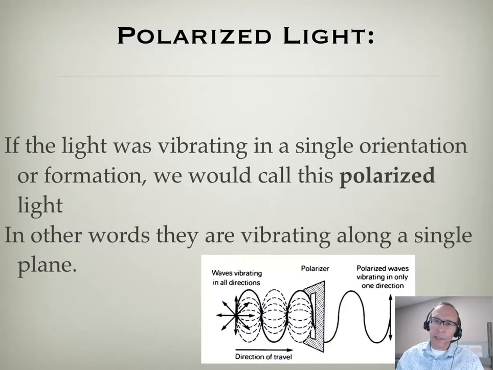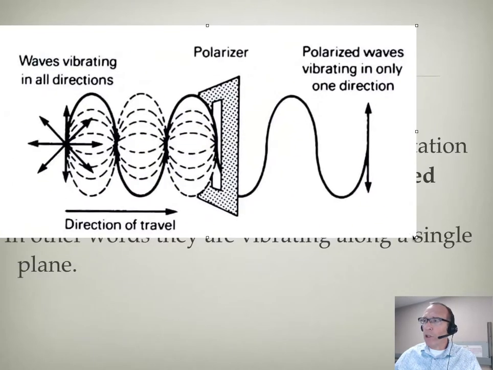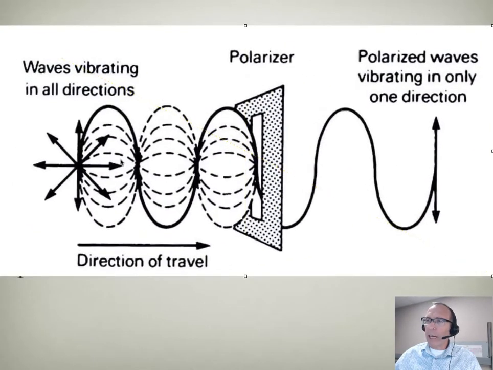Once light is traveling all in one orientation, then we would call it polarized light. Give it the name polarized light. And if you take a look at this image here, imagine, if you will, we took all this light that was vibrating in a random orientation, and we put this filter or this polarizer in front of it, and think of it as, well, a filter.